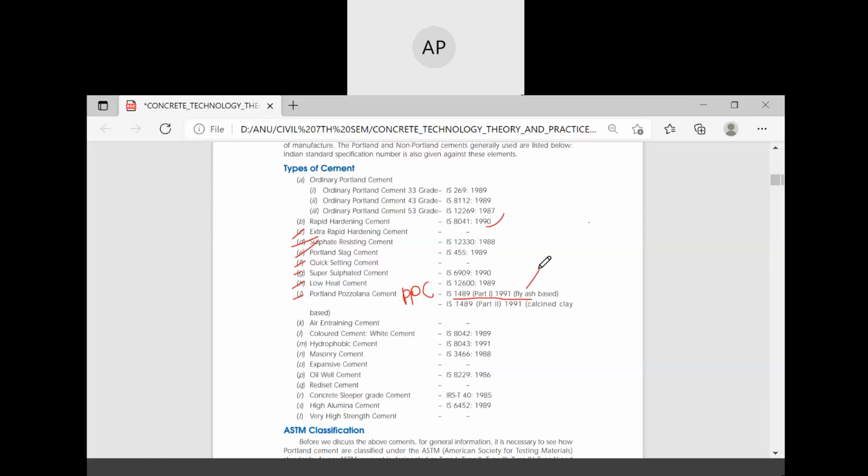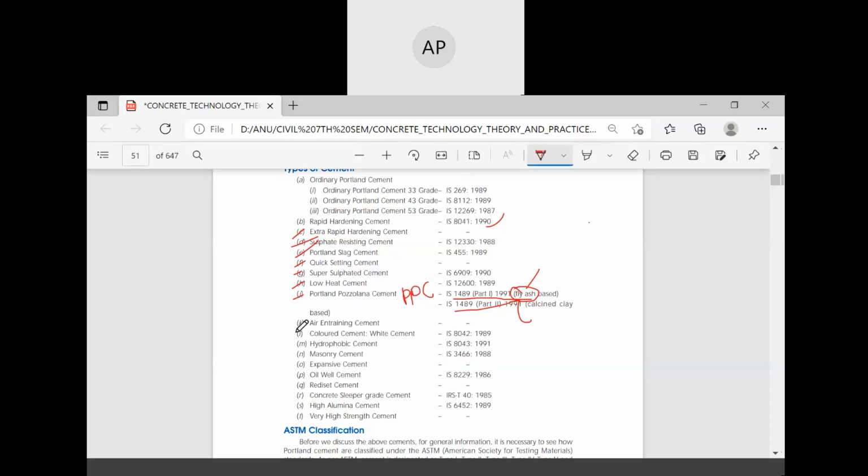So I will tell you later what is fly ash. Okay? This is actually a cement-like structure, fly ash. And then there are air entraining cement and colored cement, white cement, hydrophobic cement, masonry cement, expansive cement, oil well cement, reddish cement, concrete sleeper grade cement, high alumina cement, very high strength cement.